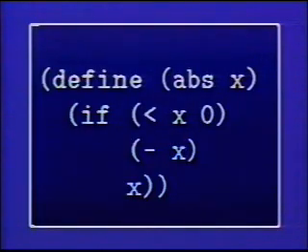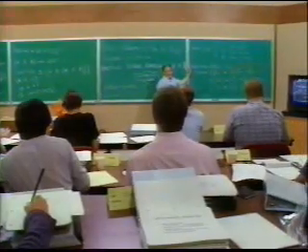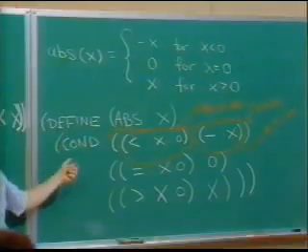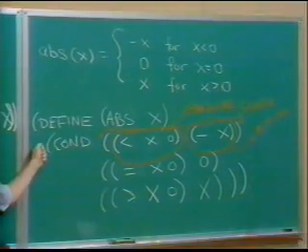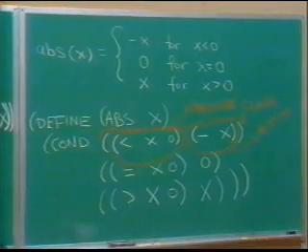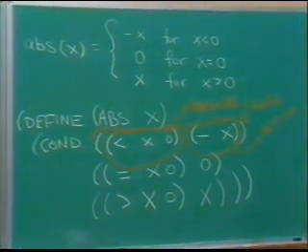And we'll be using if a lot. But again, the thing to remember is that this form of absolute value that you're looking at here, and this one over here that I wrote on the board, are essentially the same. And if and cond are, well, whichever way you like it. You can think of cond as syntactic sugar for if, or you can think of if as syntactic sugar for cond, and it doesn't make any difference. A person implementing a Lisp system will pick one and implement the other in terms of that. And it doesn't matter which one you pick.